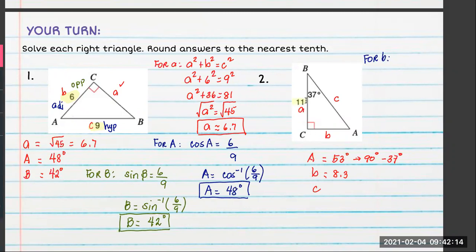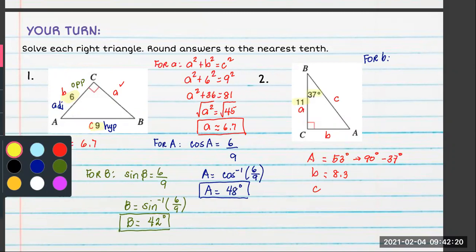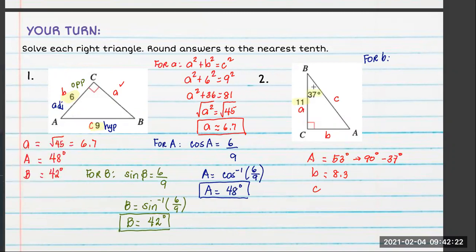So we are given this side and this angle right here. Okay, we will use the given angle. So in relation to the given angle, side B is the opposite side, right? That's your opposite side. And side A is your adjacent side, right? In relation to the 37 degrees.